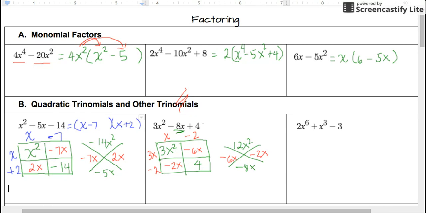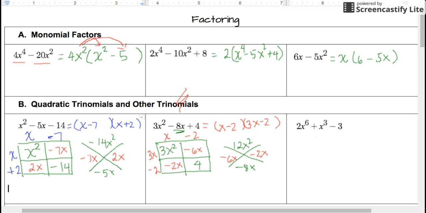So we found the factors, and that's going to be x minus 2 for the length, and the width is 3x minus 2. We may interchange the length and the width. Okay, last example.